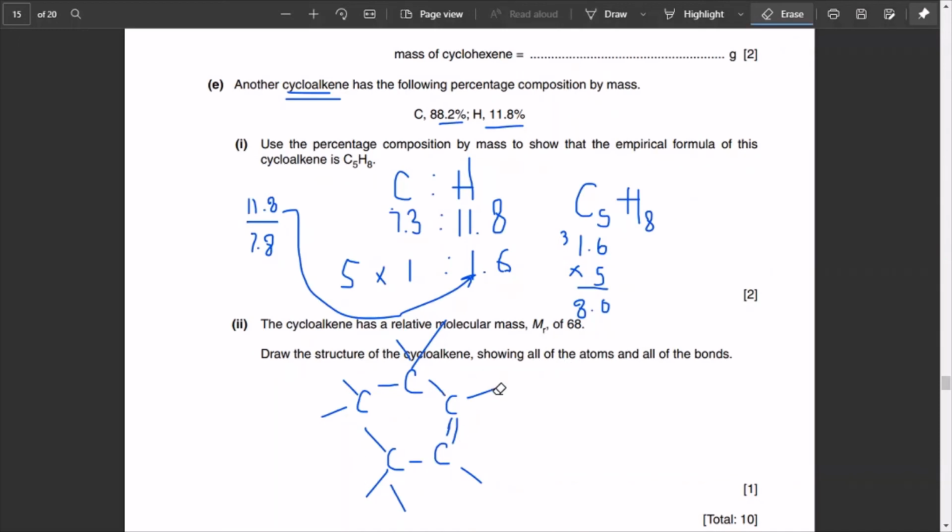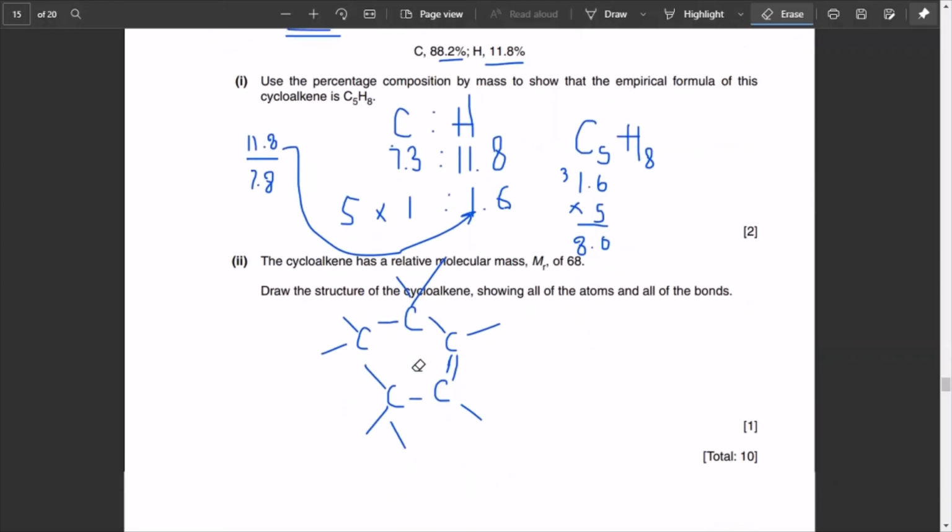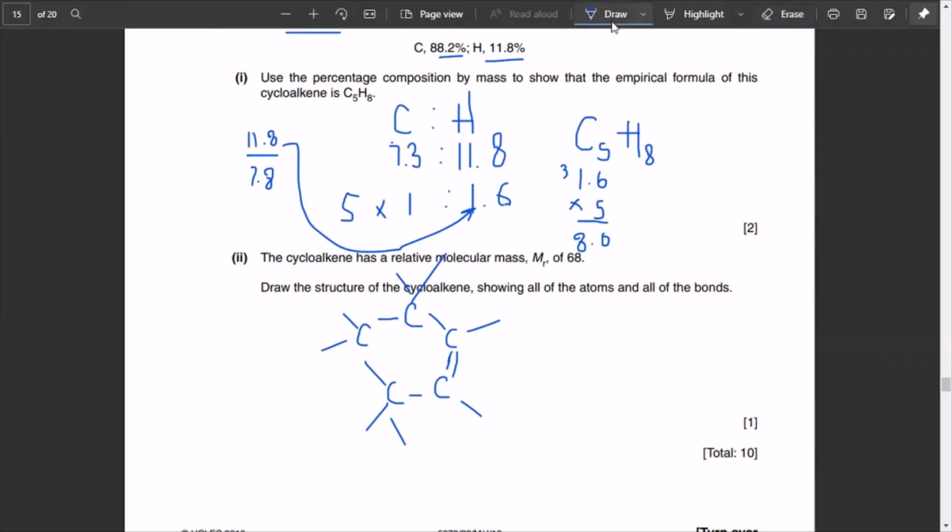There is one double bond, and around it we're going to write 5 carbons, with hydrogen attached. It will form C5H8. So we have 1, 2, 3, 4, 5 carbon, and 1, 2, 3, 4, 5, 6, 7, 8 hydrogen. Those lines basically represent hydrogen.